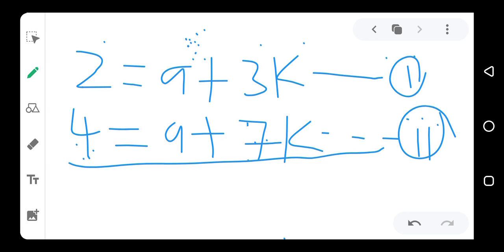So we are now minusing equation 1 from equation 2. So we say 4 minus 2 is equal to 2. So 2 is equal to, a minus a is equal to 0, so we leave it. Now 7 minus 3 is equal to 4. So 2 is equal to 4k. This is 7k minus 3k, which is 4k.